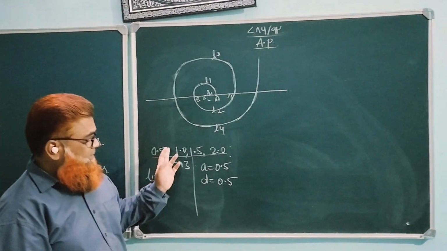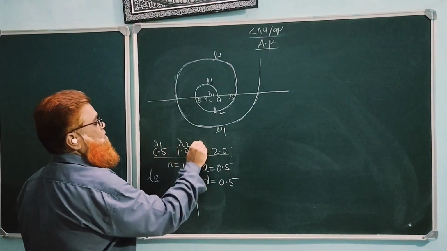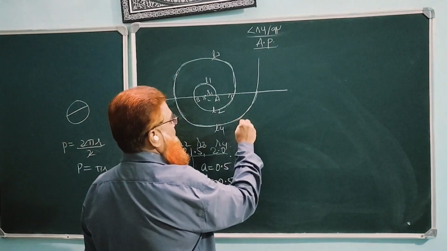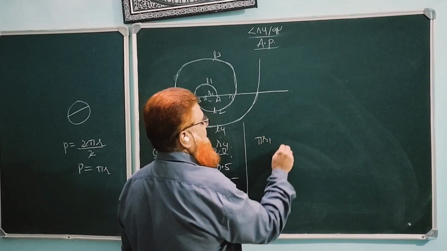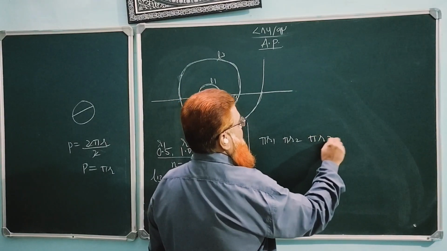Here, the AP is in the form of the radius. This is R1, R2, R3, and R4. So we write like this: pi R1, pi R2, pi R3.